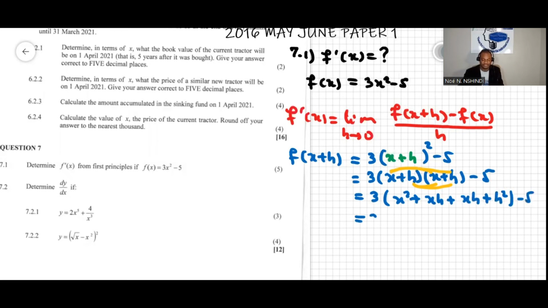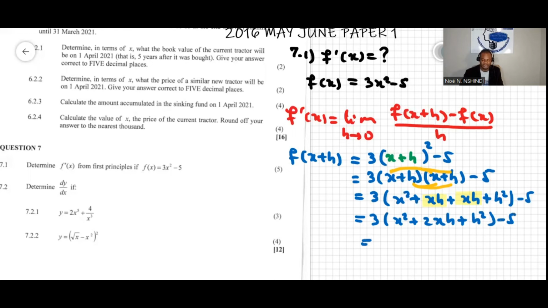And then this is 3 open brackets x squared plus, note that we have x plus h here and x plus h there also. These two are like terms, so we can make it 2xh plus h squared, minus 5.